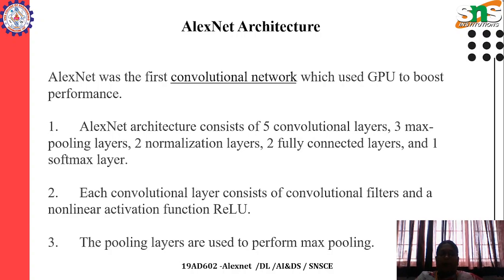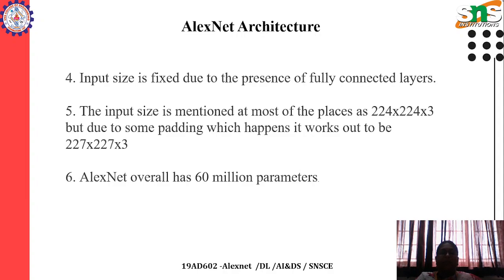The pooling layers are used to perform the max pooling function. Then it has a fixed input size due to the presence of fully connected layers. The input size is fixed.